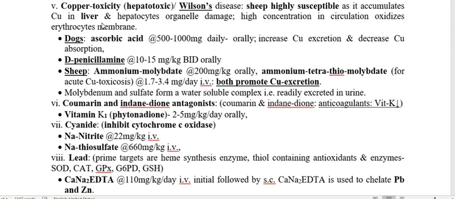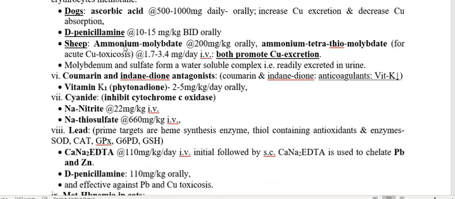Not only that, ascorbic acid also reduces copper absorption from the GI tract. So it not only increases the rate of excretion of copper, it also prevents the oral absorption of copper from the GI tract. Along with that, we are using D-penicillamine.